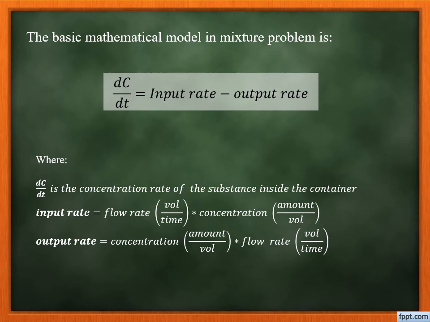The input rate is the flow rate times concentration. This is the fluid that comes into the container, while the output rate is concentration times flow rate. The output rate is the amount of fluid or amount of concentration that is going out of the container.